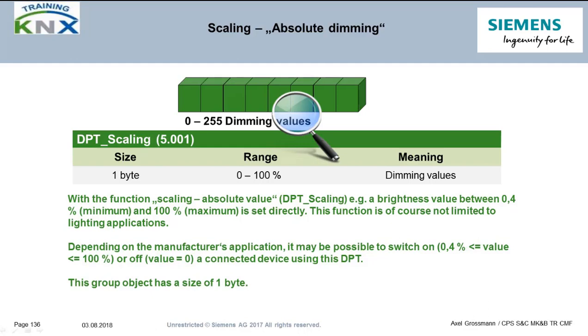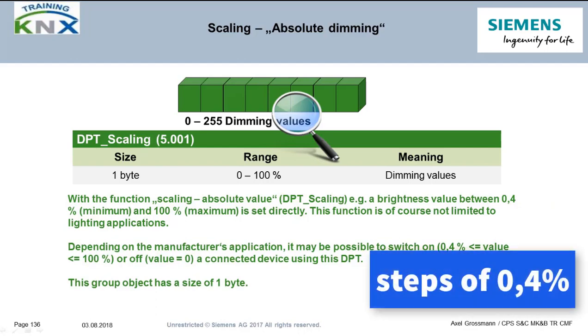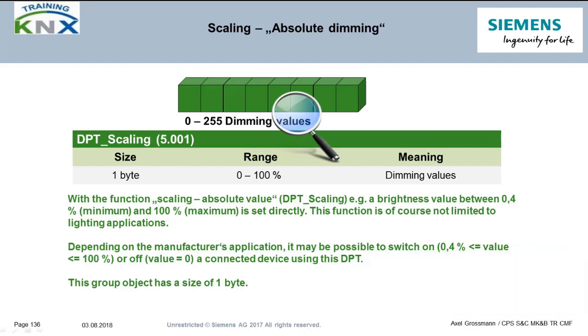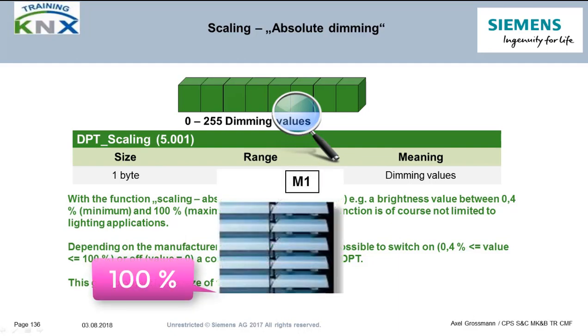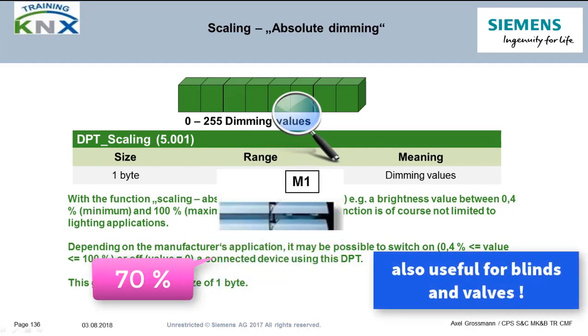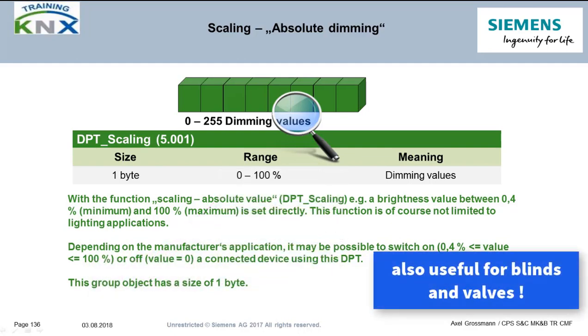It doesn't matter whether a luminaire emits 1000 lumens or 350 lumens. If you want to have half the luminous intensity, you send a 50% command to the actuator. The resolution of this DPT with approximately 0.4% is also sufficient for lighting purposes. This DPT is also used for the direct positioning of blinds or motorized actuators for heating valves.